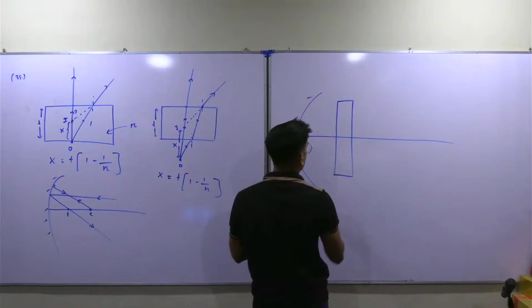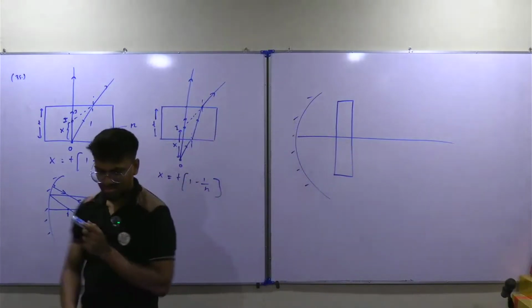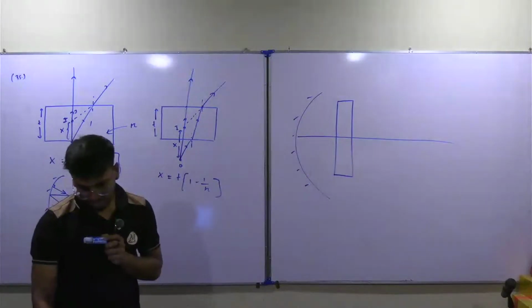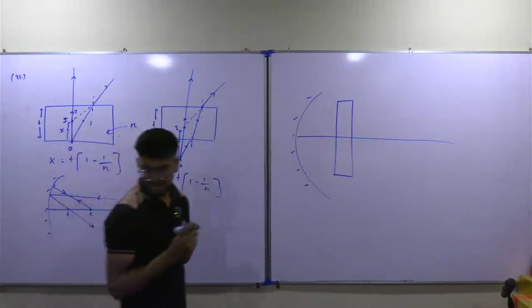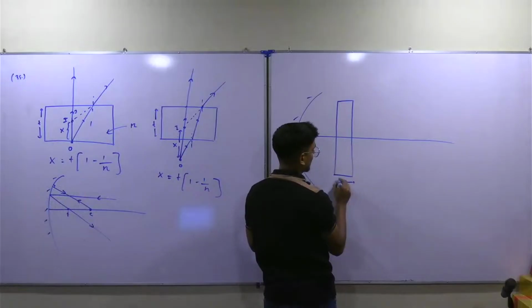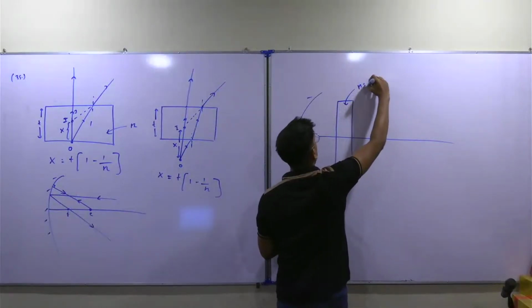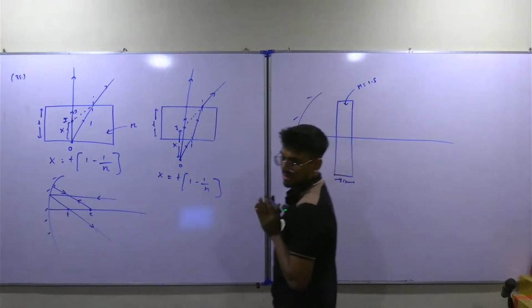And the thickness of the glass block is also given. The thickness is how much? 3 centimeter, right? The thickness of the glass block is 3 centimeter. And the refractive index of this one is also given. That is 1.5.